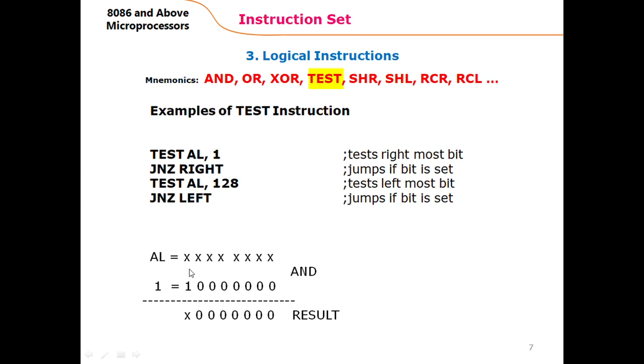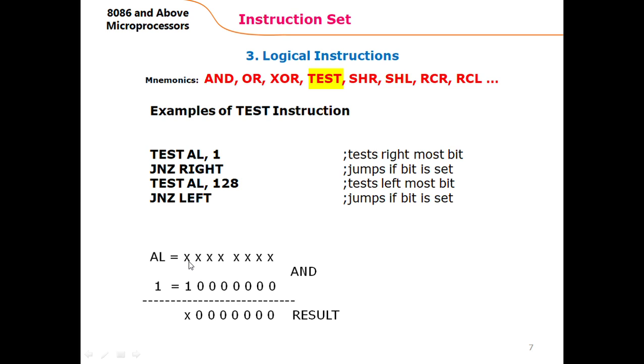It is sufficient to test the leftmost bit of the value in the L register. So we get 7 zeros here in the result, and an X at the leftmost position, and this X is the 8th bit, or the leftmost bit, of the value in the L register.